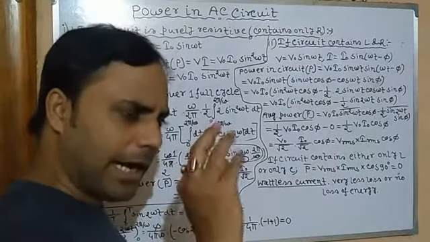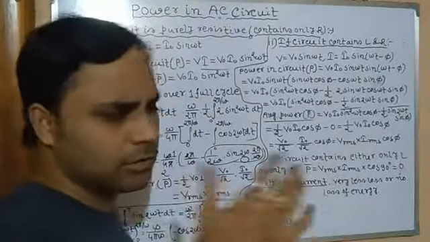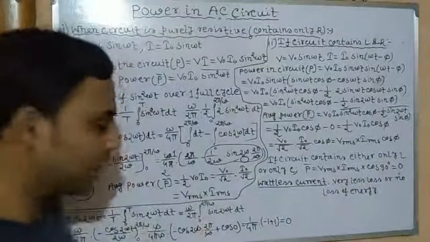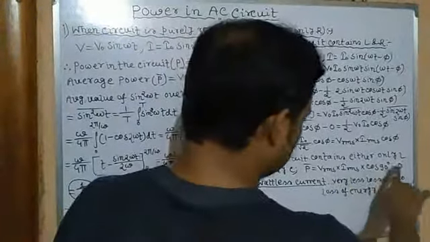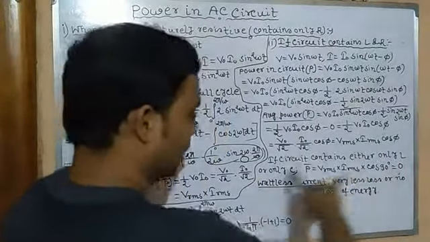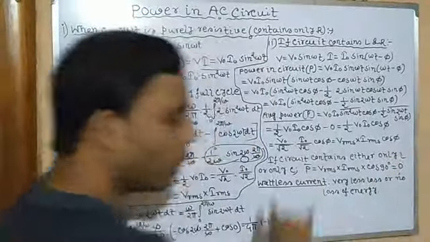Phi means the phase difference, maybe plus or minus, we will put the value phi equal to 90 degrees. Since cos 90 is 0, the average power dissipation, the total power in the circuit, is 0.